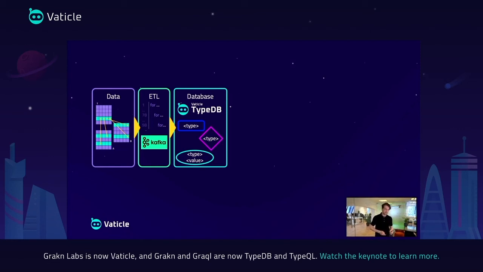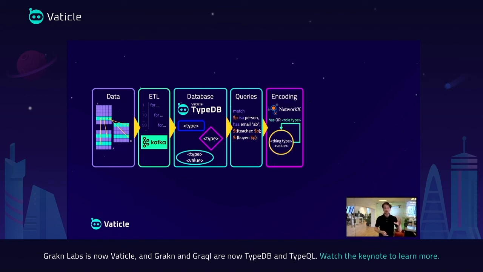So from that point, we're moving on to try and extract the features that we want for our downstream learning. So that means we're going to have some set of queries that we're going to make using TypeQL against TypeDB. This gets us back some sets of answers that we actually need to encode into a node edge representation, where we have, as I've already said, the thing types, the edge types, and the values.